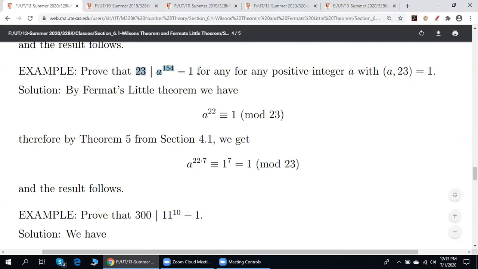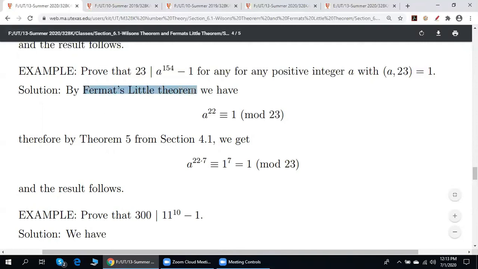Please take a look at this example. Again, A and 23 are relatively prime. We want to prove that 23 divides A to the power 154 minus 1. Since A and 23 are relatively prime, and since 23 is a prime number, we can use Fermat's little theorem.